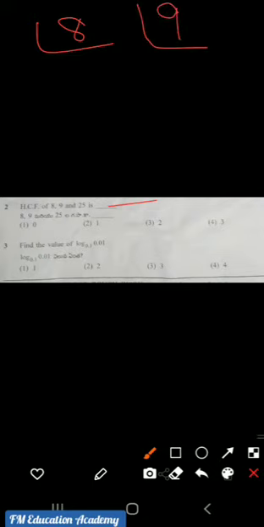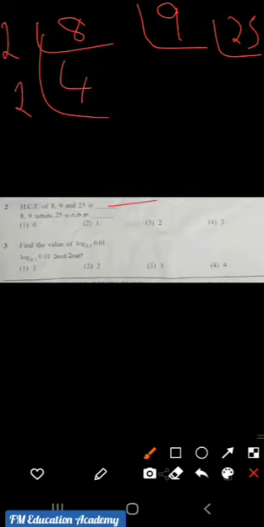Find the HCF of 8, 9 and 25. That is the question. We'll find out the HCF of 8, 9 and 25. How to do it? Find the prime factorization of 8, of 9, and of 25. For 8, 2 4s are 8, 2 2s are 4, and 2 1s are 2.